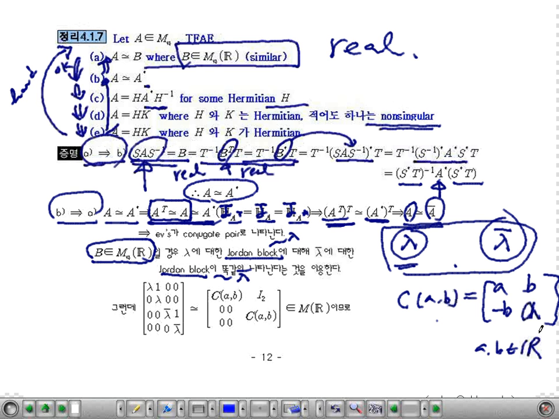If lambda is real, then we don't care. When these are complex, then we should have the conjugate of it.